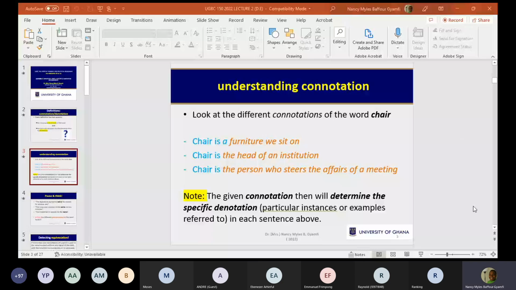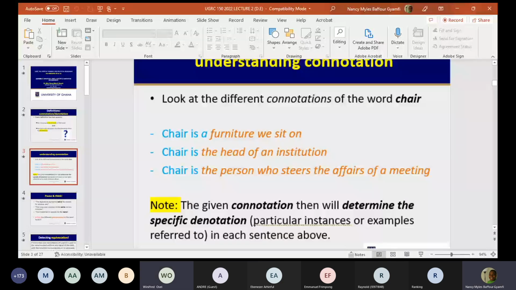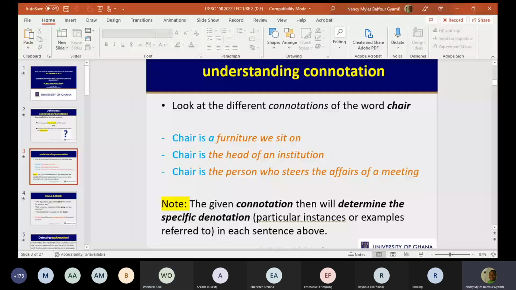Okay, let me take Bright. Right, go ahead. Chair is the head of an institution. Winifred. Please read. Read for us. Madam, can you hear me? I can hear you now. Yes, we can hear you. Chair is a furniture. Chair is the head of an institution. That's the second one. And third one.